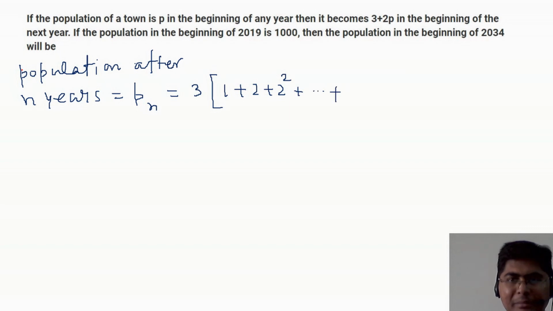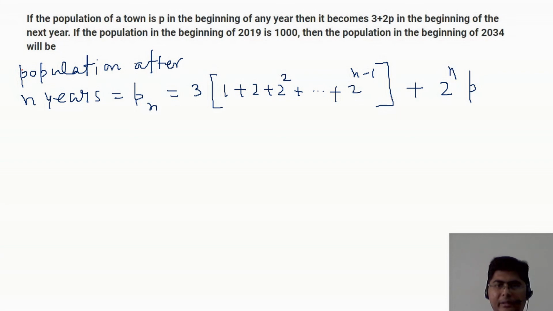What will be the maximum power of 2 in this case? 2 to the power n minus 1. Then what will be the power of next term? 2 to the power n, and here multiplied by P.